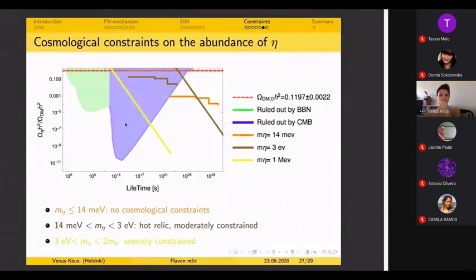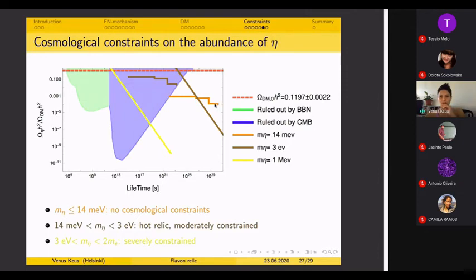So what we did here was that, again, remember that for different masses, you have different abundances, and for different windows of the VEV, you have different production mechanisms. But the mass windows that are interesting are basically what we've tried to show here.